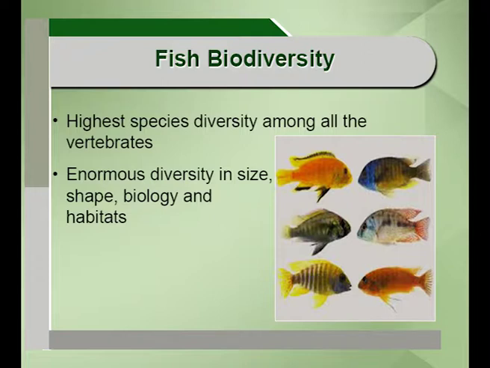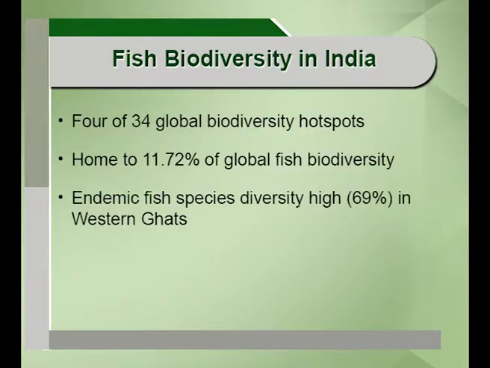Fish biodiversity will be an important topic in the sustainable management of biodiversity. In our country, 4 of the 34 global biodiversity hotspots are present, which exhibits a lot of variety among the biological resources.